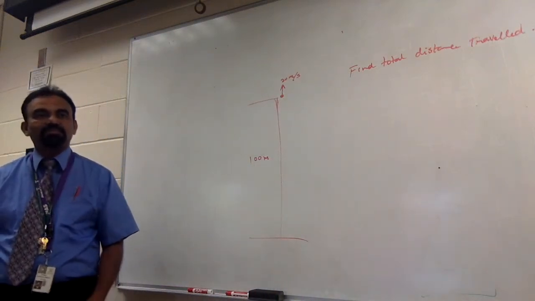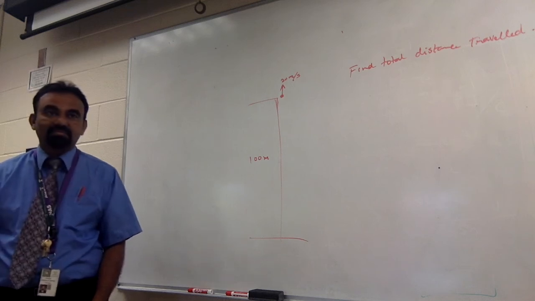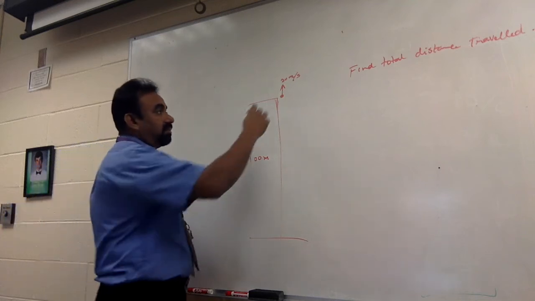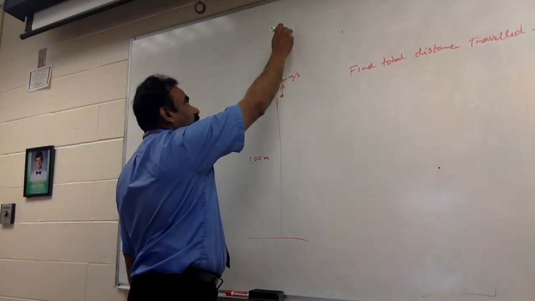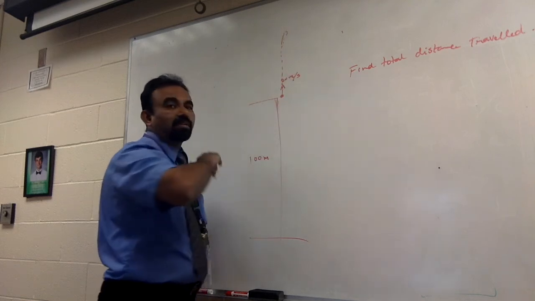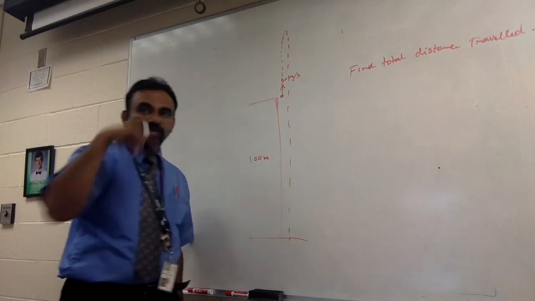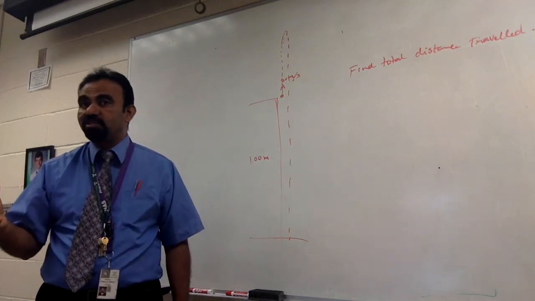What do you do? You find where it goes back to where you started and then add. So you have to see what's going to happen. It's climbing up, it reaches the topmost point, so it has already covered some distance. Then it falls all the way down, covering some distance. You have to add those two distances. So what do you do first?